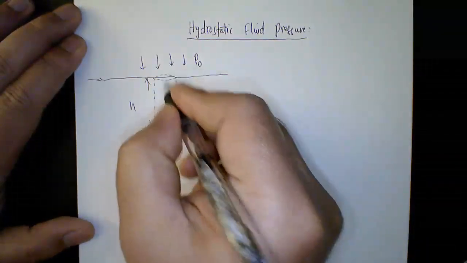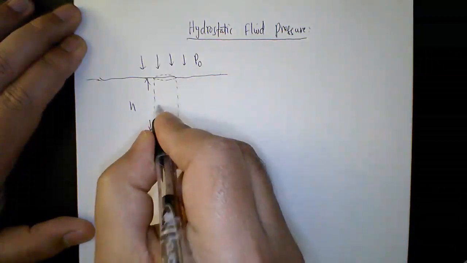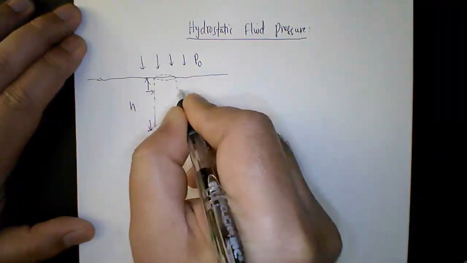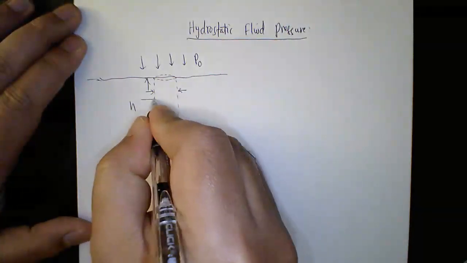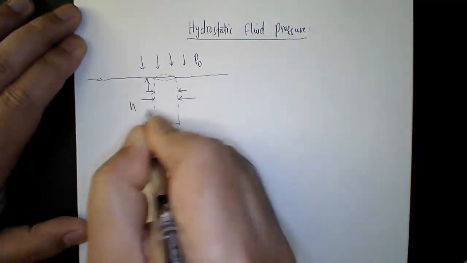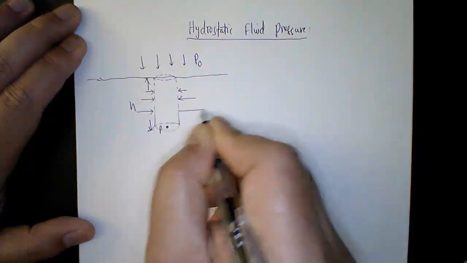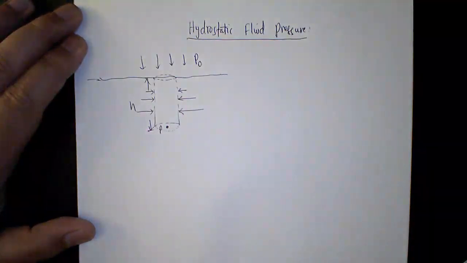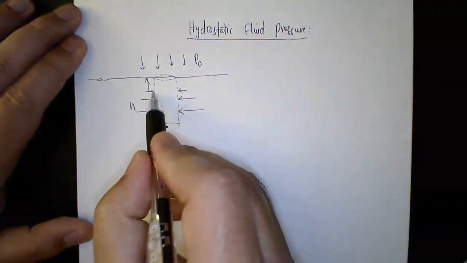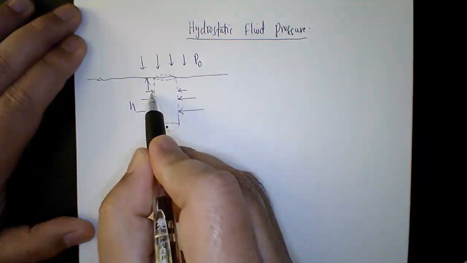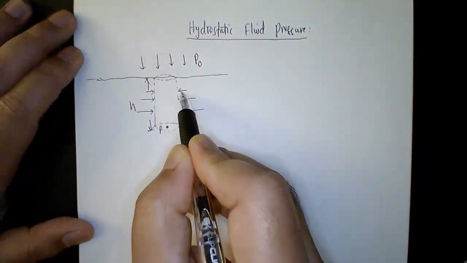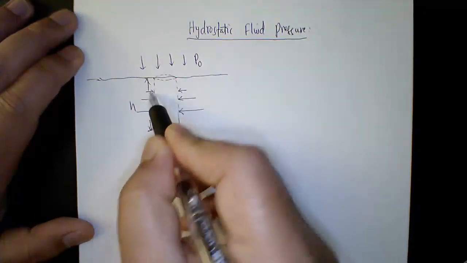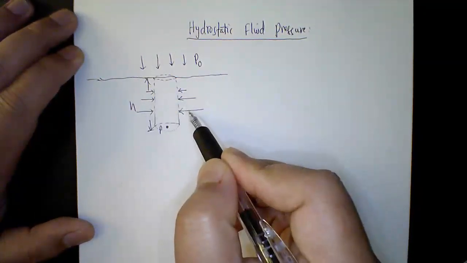It's not just on the top and the bottom. If you check the fluid pressure in the horizontal direction, the fluid pressure increases with depth, but for each pressure force there is a counterbalancing pressure force from the opposite side. So all the horizontal pressure forces will cancel out exactly.